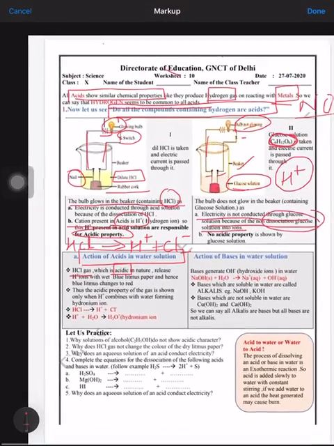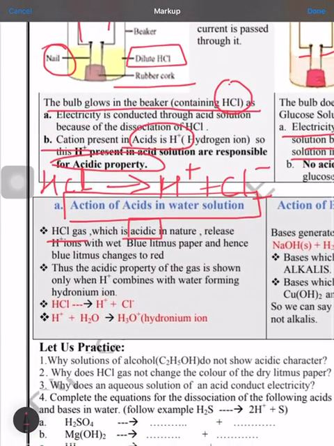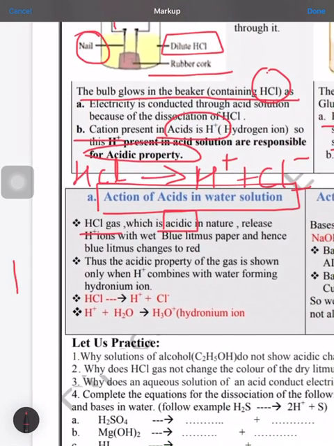Now one activity is given in your NCERT. You have to see that activity also, because that is much more important. In that, a reaction is there in which HCl gas is coming out. When this HCl gas is coming out, we bring a dry litmus paper to the mouth of the test tube. We see that the blue litmus paper is not changing its color.